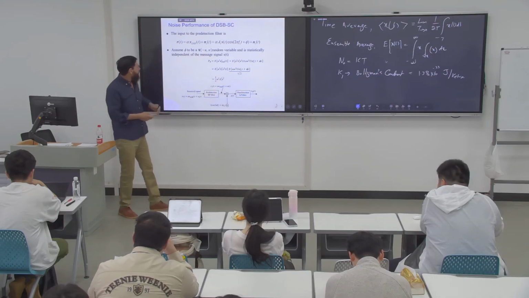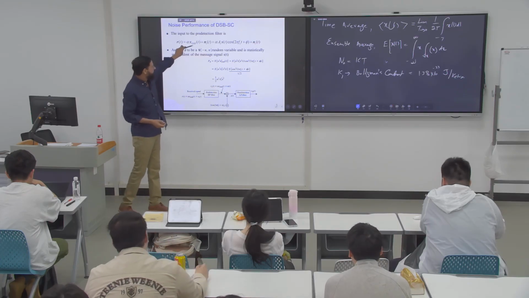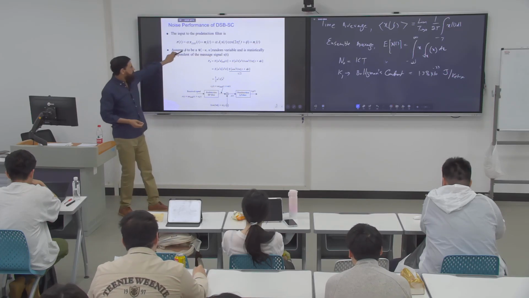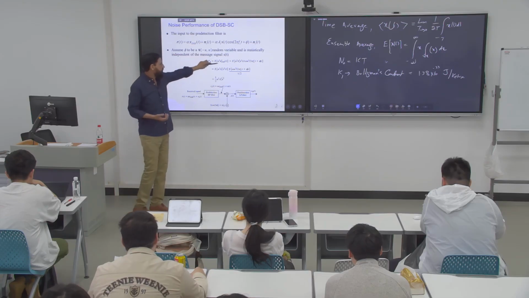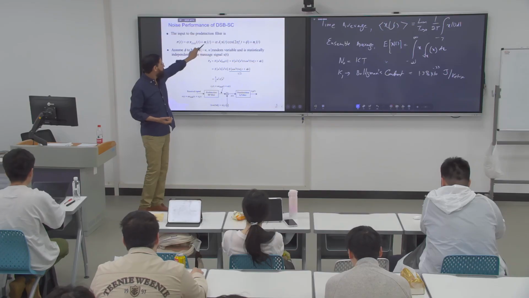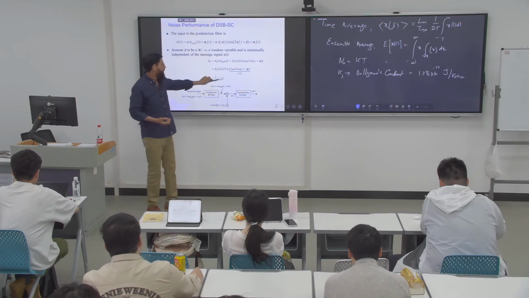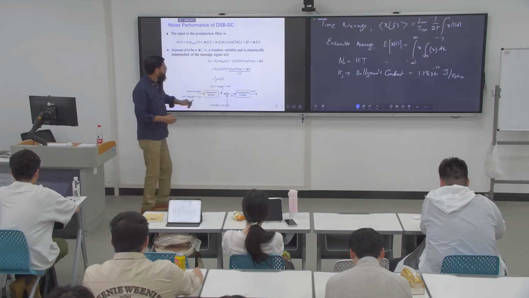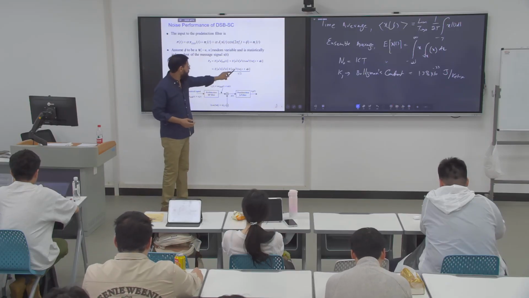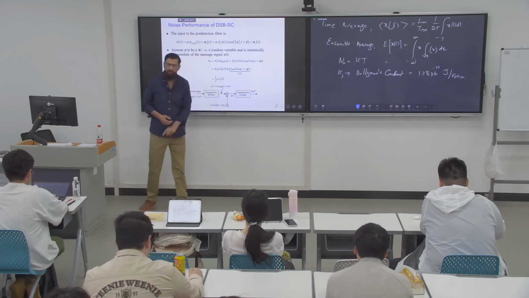Now let's find out the power. What would be the power of this signal? Well, expected value. This is the power of this signal. And here, the expected value of cos squared (2 pi f_c t plus phi) is half.